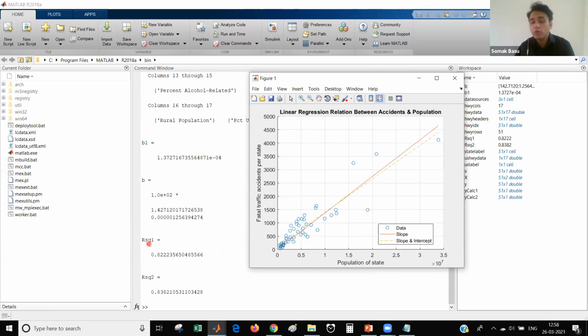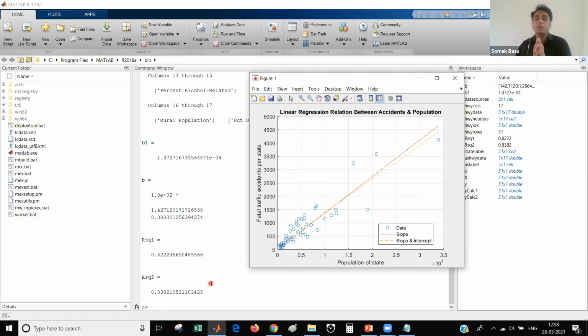R square, I'll tell you what this means. This is the regression value. For the first case, y is equal to mx, the value of regression is 0.82223 and so on, a long decimal value. And for the second case, it's 0.83. So which is higher? 0.82 or 0.83? 0.83 is greater.